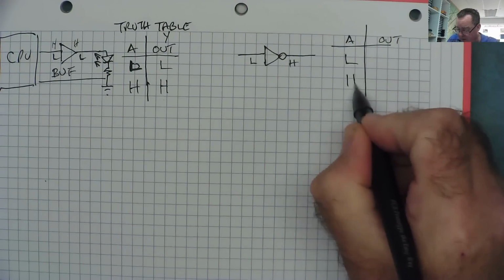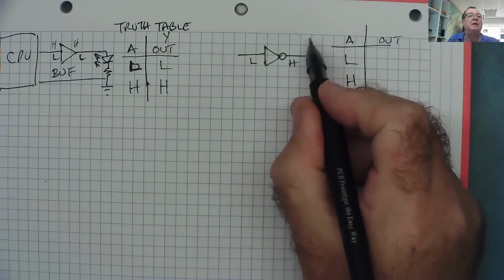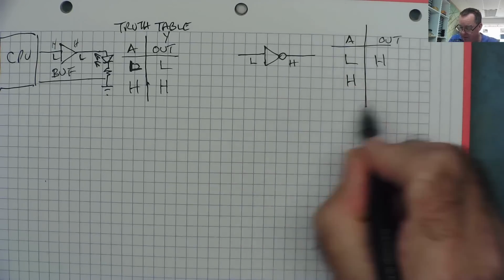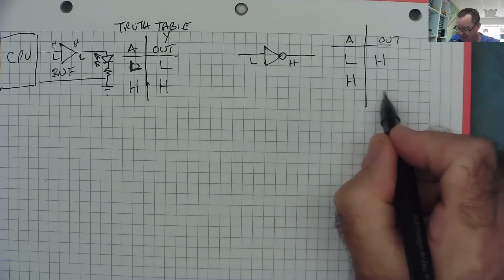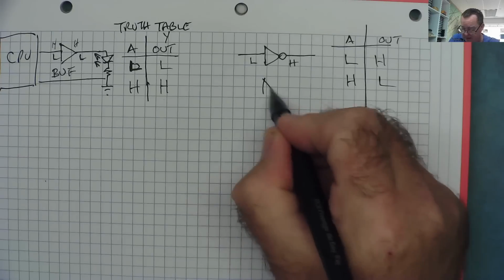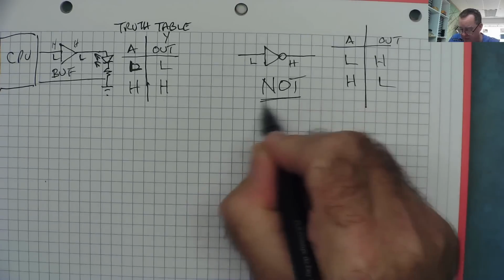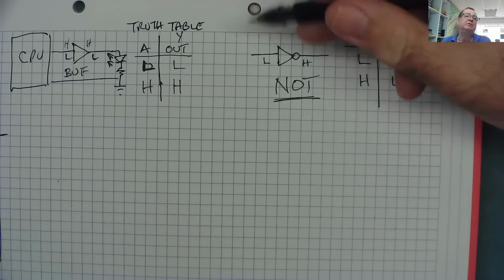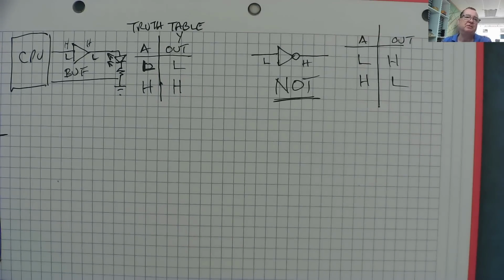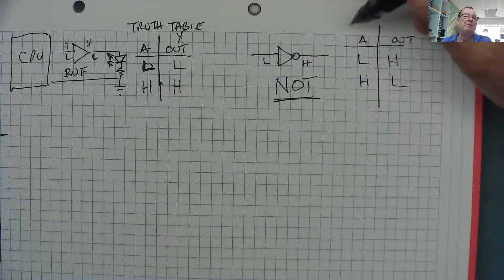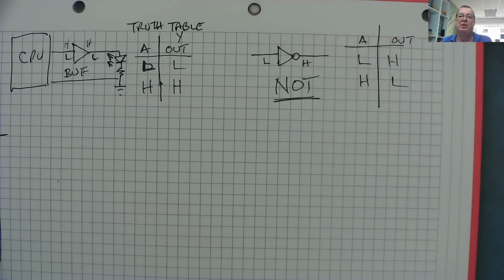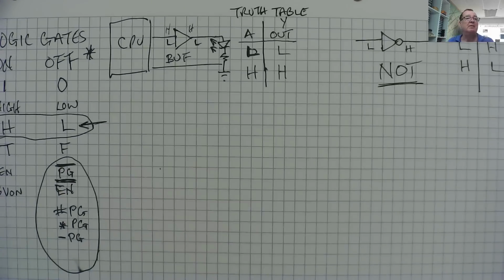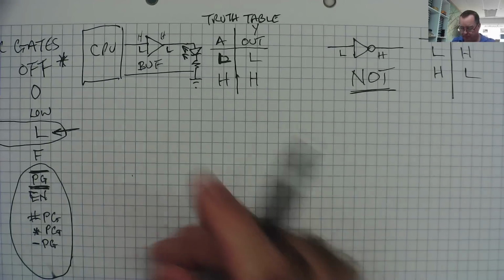Low or high. If the input is low, it inverts it, the output is high. If the input is high, it inverts it, the output is low. That is a NOT gate. Easy way to remember it, the output is not the same as the input. Whatever is on the output is not what is on the input. NOT gate. Okay?